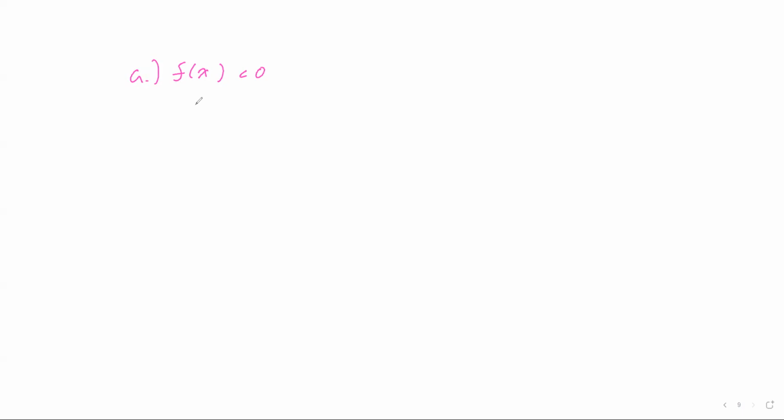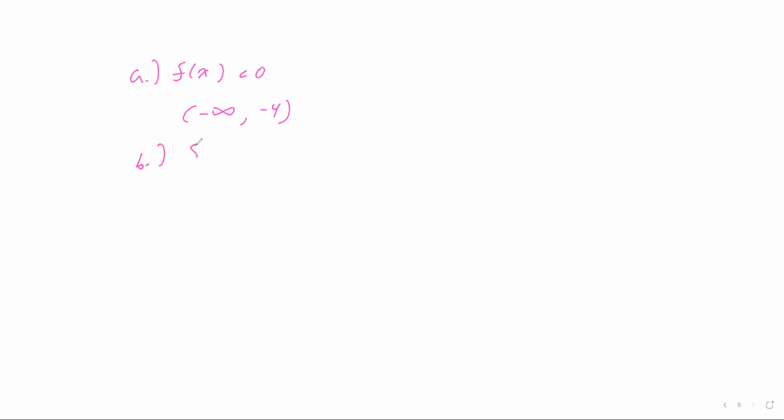And that happens from -infinity to -4, always in parentheses, mainly in this situation because it doesn't have a less than or equal to. So in this case, it's a parenthesis. If they did add the line, it'd be a bracket. Again, when I'm asking f of x is less than 0, I'm basically saying, look at the graph. When does it fall below the x-axis? And it's from -infinity to -4.